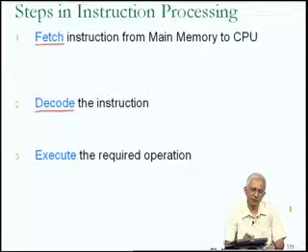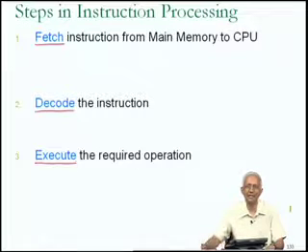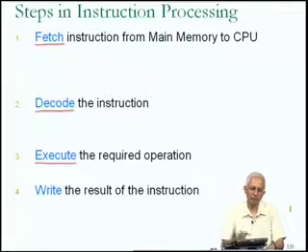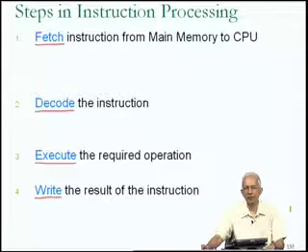The term which is given for that is the instruction being executed, doing whatever the required operation associated with that instruction is. Once this has been done, the result of the instruction can be written. So this will be referred to as write. Typically, for many instructions, the completion of the instruction will involve writing a value into a destination register, hence the name of this particular step as write.